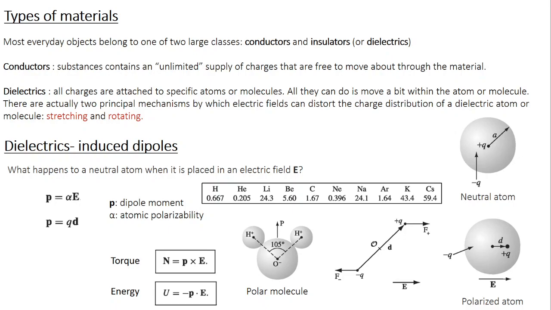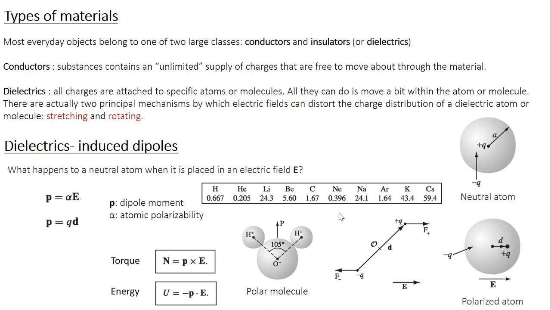That's why we call it an induced dipole. Now the strength of the dipole moment is proportional to the electric field. I can replace the constant of proportionality with a constant alpha and write dipole moment p equal to alpha E, where alpha is a material constant known as atomic polarizability. Now alpha depends on the microscopic electronic structure, and for different materials we have different electronic structures. Consequently, you have different values of alpha.